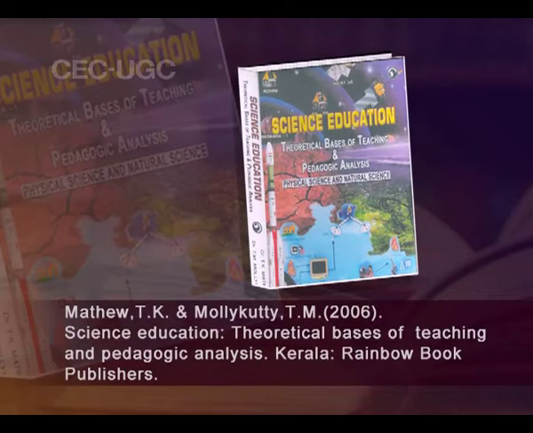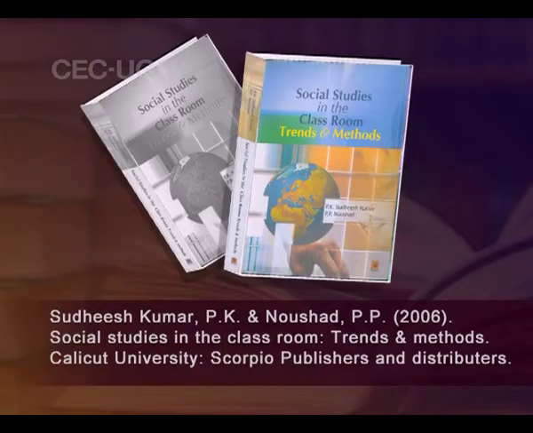Here are some books for your reference. 1. Science Education, Theoretical Basis of Teaching and Pedagogic Analysis, written by Dr. T.K. Matthew and Dr. T.M. Molikuti, published by Rainbow Book Publishers, Kerala in the year 2006. 2.